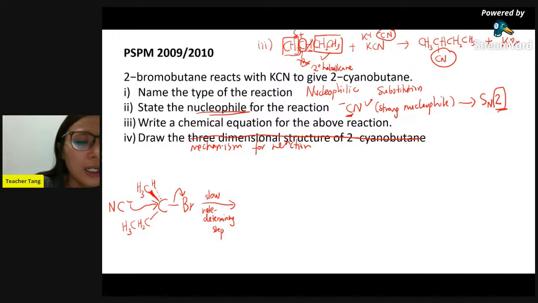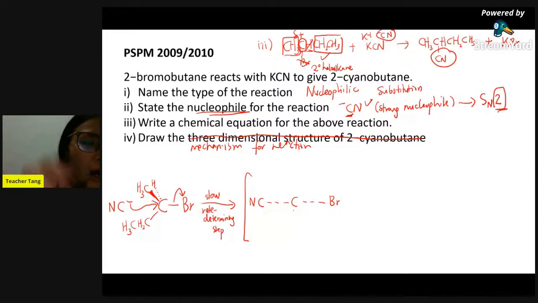So then giving us the transition state. In the transition state, the nucleophile partially forms a bond with the carbon. So it is the carbon of the cyanide ion that is attached to the carbon. And with the halogen, the bond partially breaks. You need five bonds, so you need to draw, remember, the trigonal bipyramidal shape.